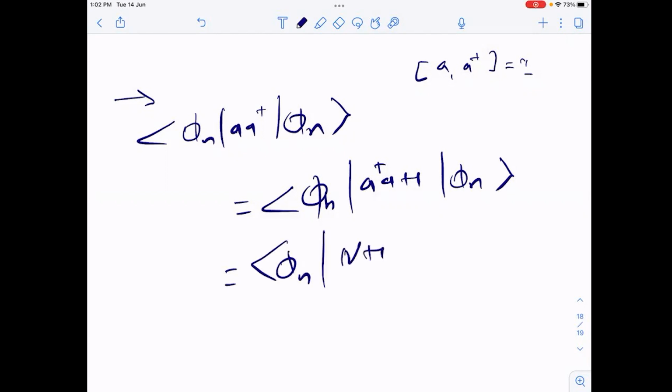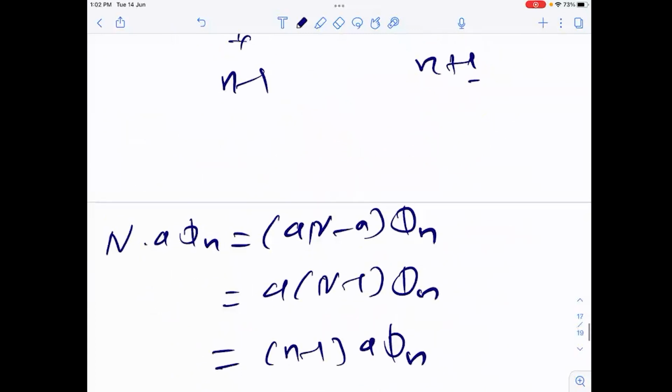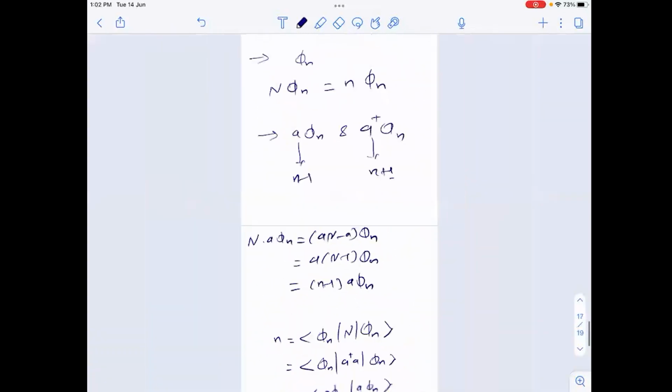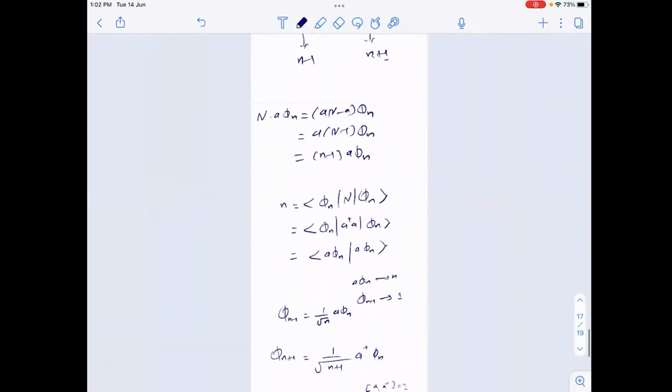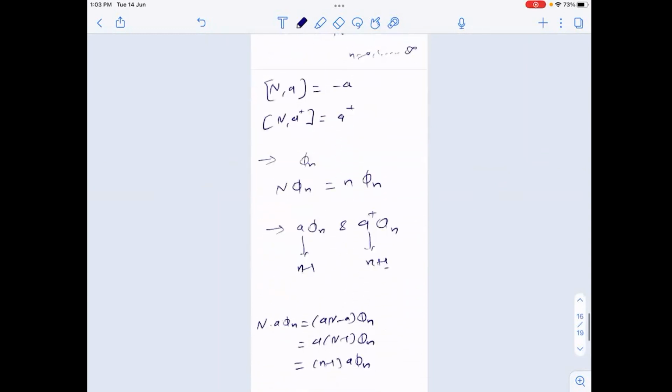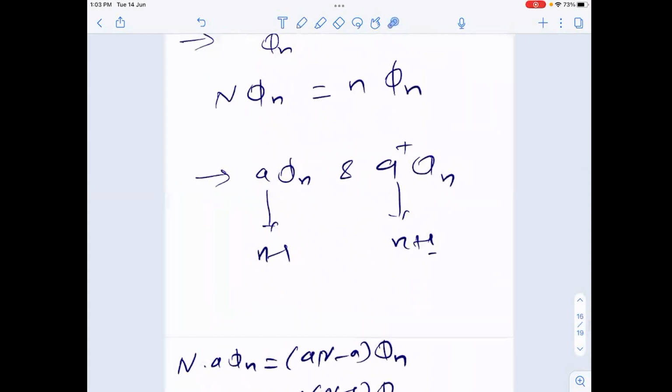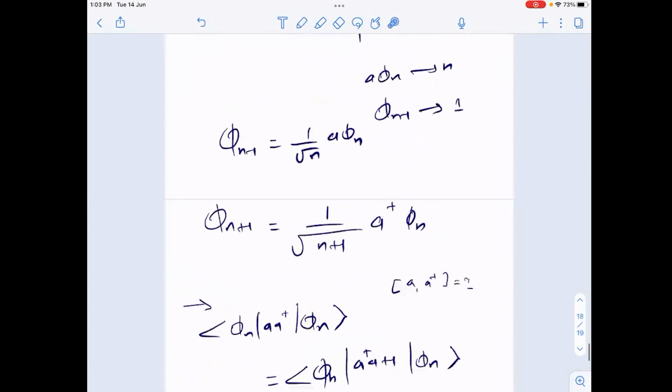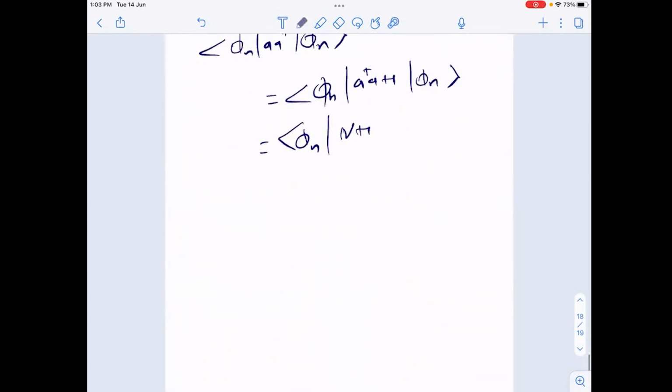We just saw above that n plus 1 is associated with that. So it will turn out to be n plus 1 phi n. These are all provable, not that hard. So what does this equation give us?